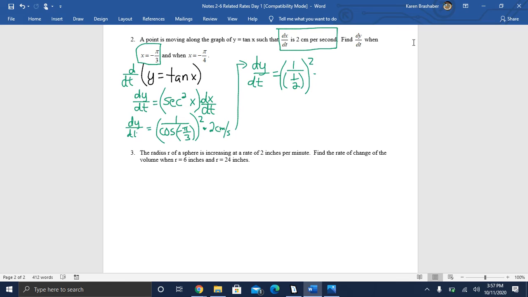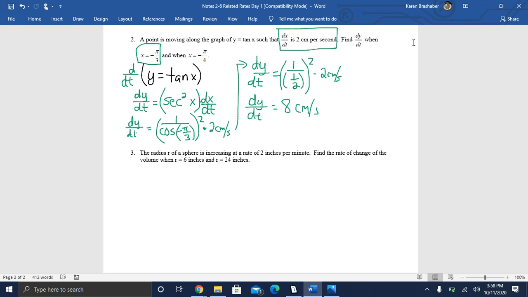And we're multiplying this by 2 centimeters per second. And so if you square and also multiply by the reciprocal, you'll end up getting 4 times 2, which is 8 centimeters per second. And so for part A, 8 centimeters per second is when x equals negative pi over 3.